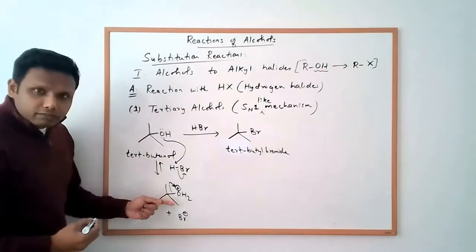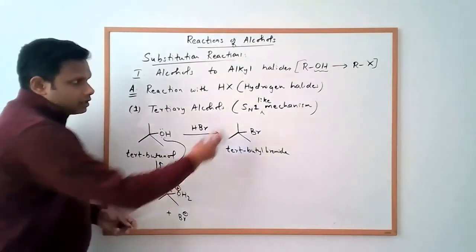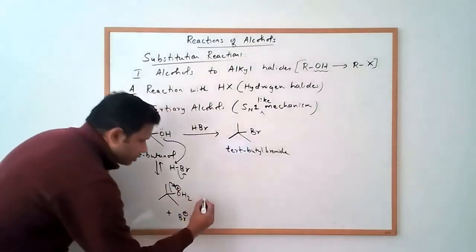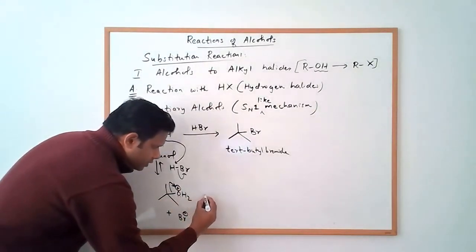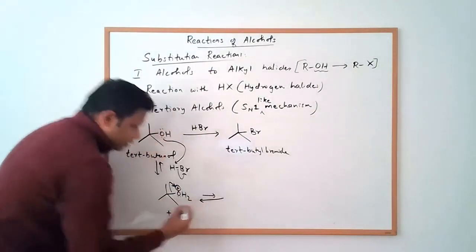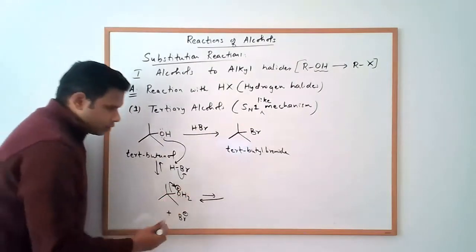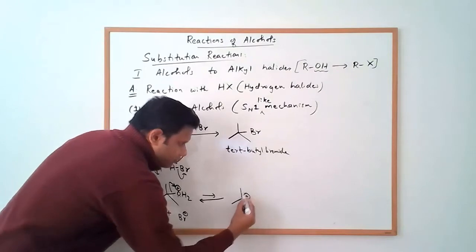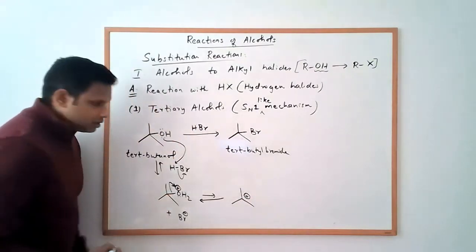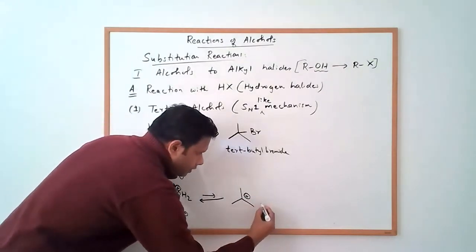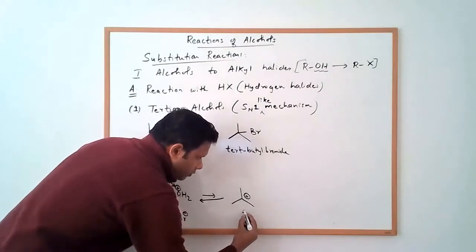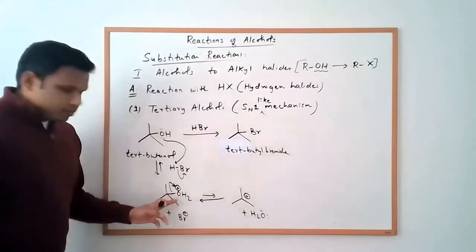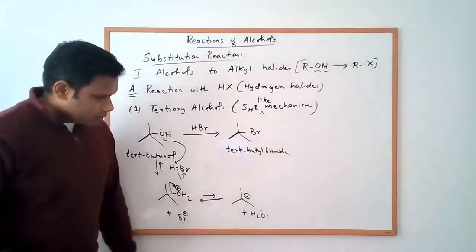So this is where the mechanism starts resembling an SN1 mechanism, okay? So this will ionize, and again, you're breaking a bond. It's not going to be a very favorable step, but this would give you the carbocation intermediate. And along with that, it's going to give us water, because the OH2 came out as water.